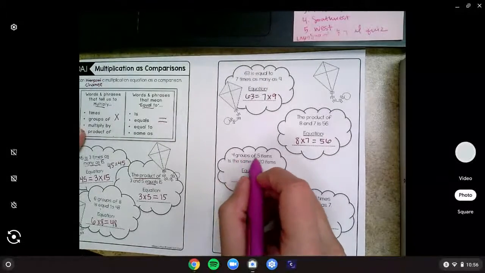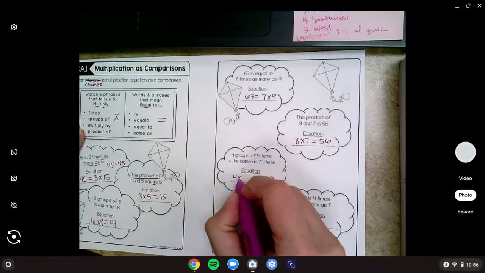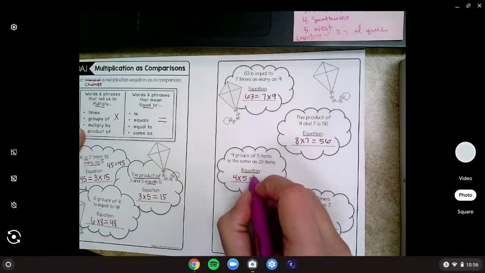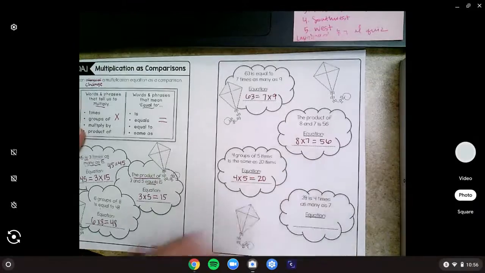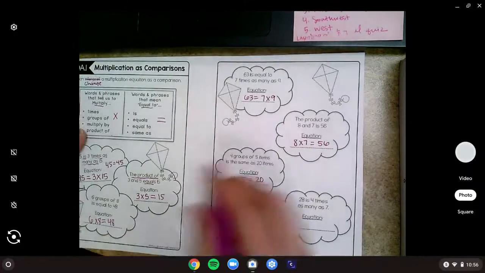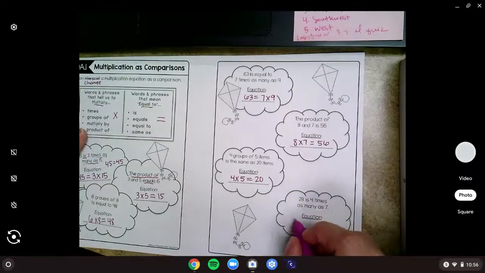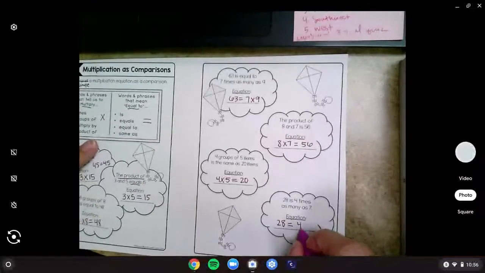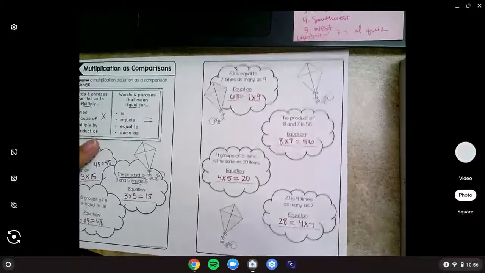Now we have 4 groups of 5. 4 groups means multiply, 5 is the same as, means equals 20. And then the last one, 28 is, so equals 4 times 7.